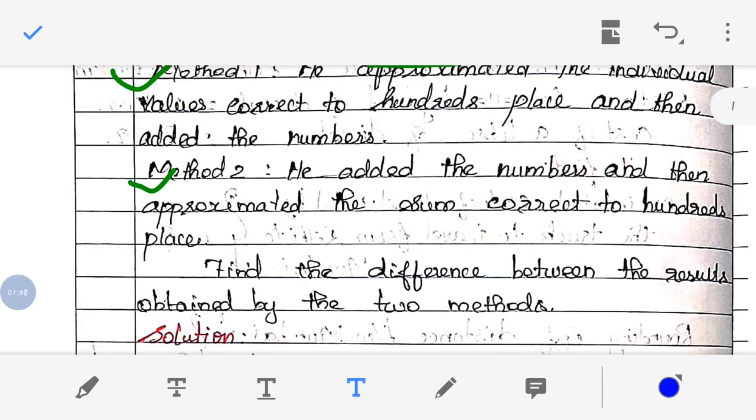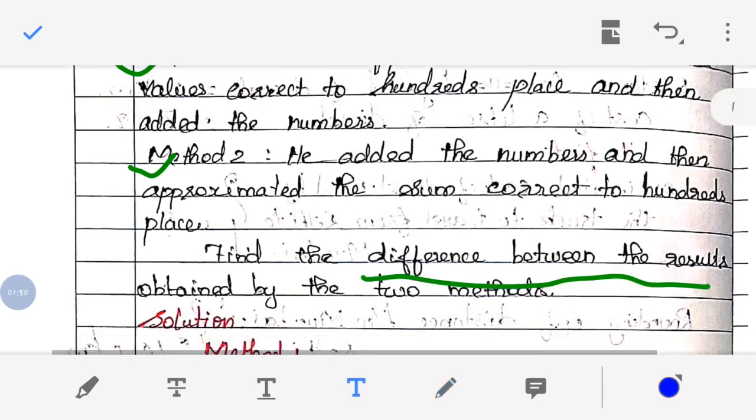So we have to find out the 2 results obtained by the 2 methods and then at last we have to find out the difference between the results. He will get 2 results, one from method 1 and another from method 2. Then after getting the results from the 2 methods, we have to find out the difference between them.